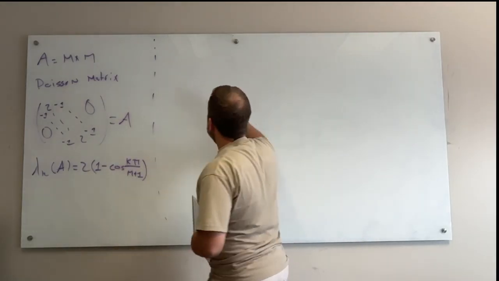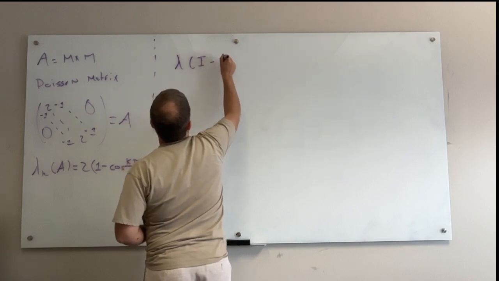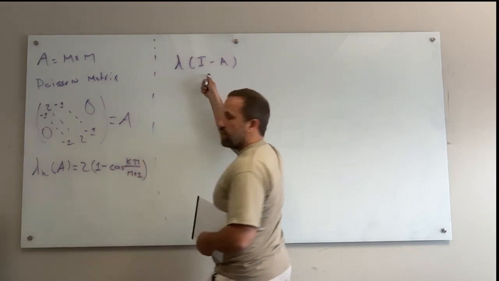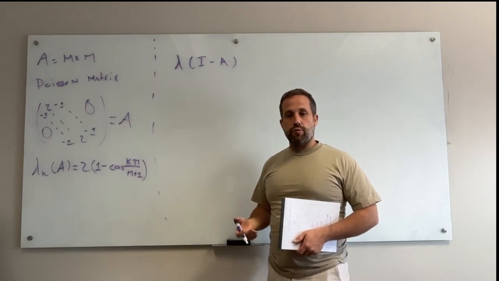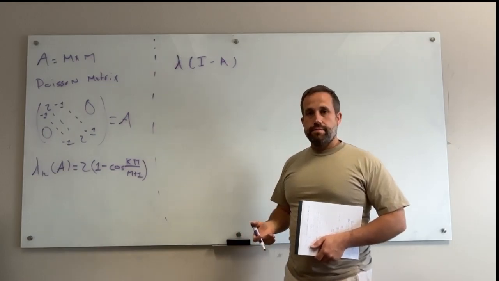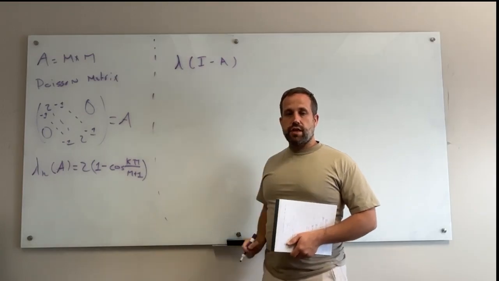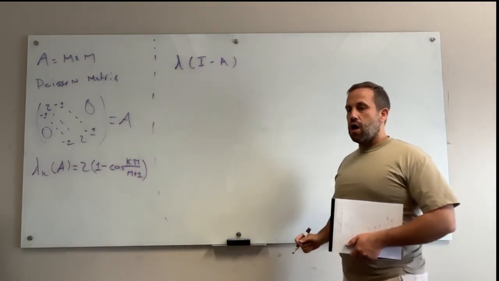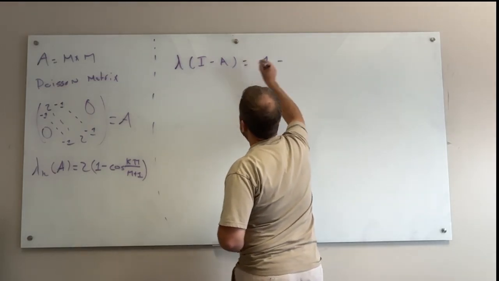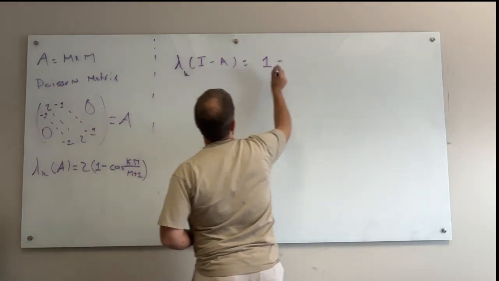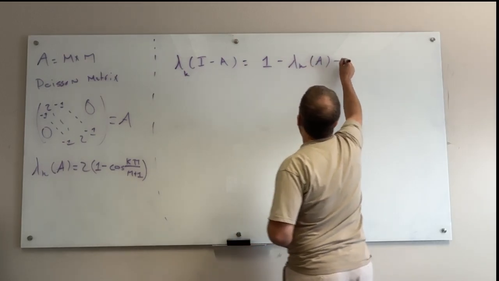And the reason is, if we look at the spectrum of I minus A. If we don't precondition our system and just try to apply Richardson's iteration, this is going to be the iteration matrix, I minus A. Okay, and the eigenvalues of I minus A are just going to be 1 minus the kth eigenvalue of A.